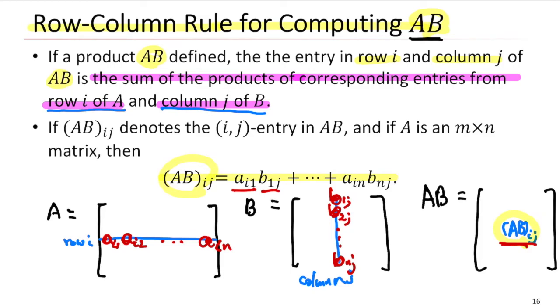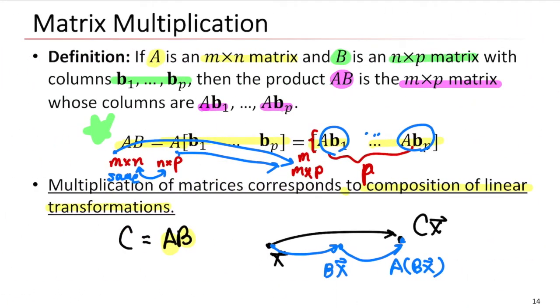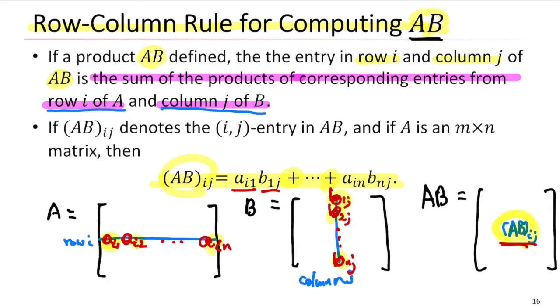So to compute this value, we have to find the products between these values and then sum the whole output. So this is the rule of A times B. From here, we can know why these two values should be the same.